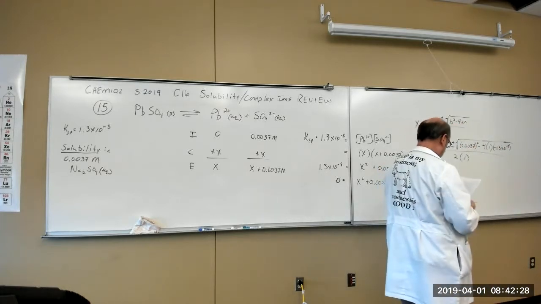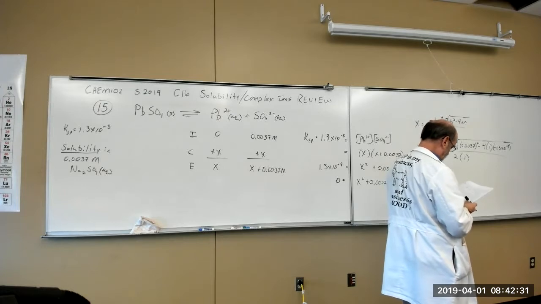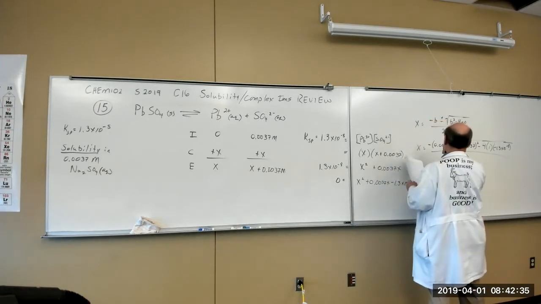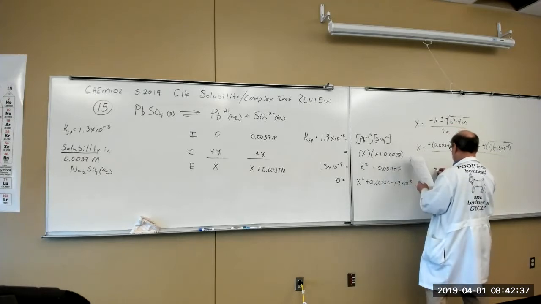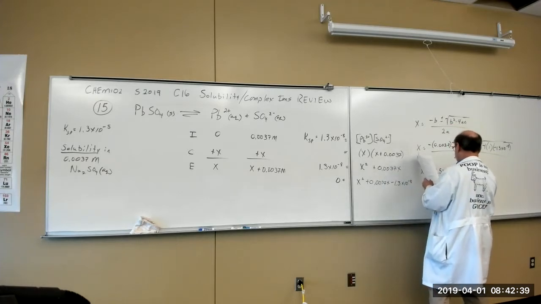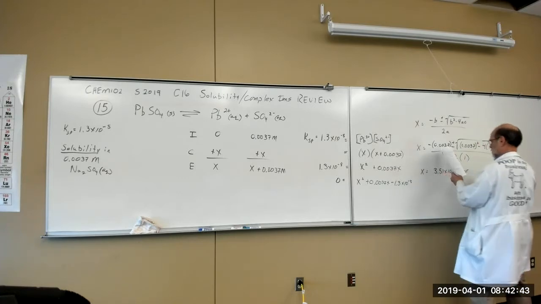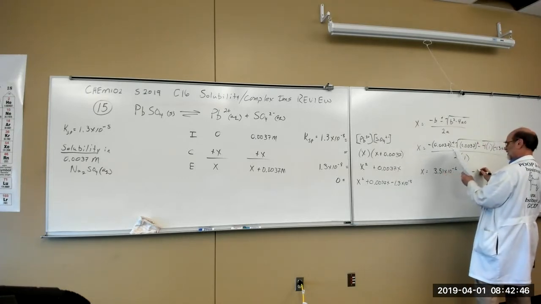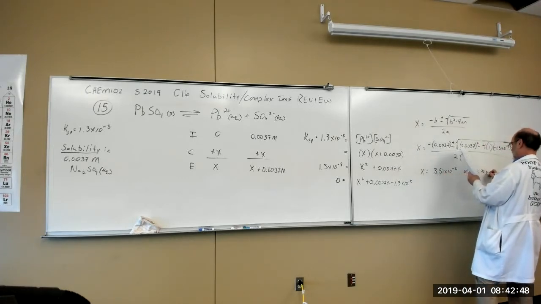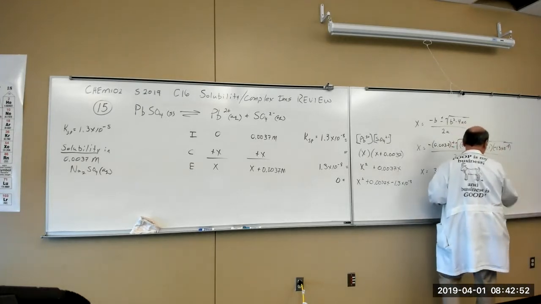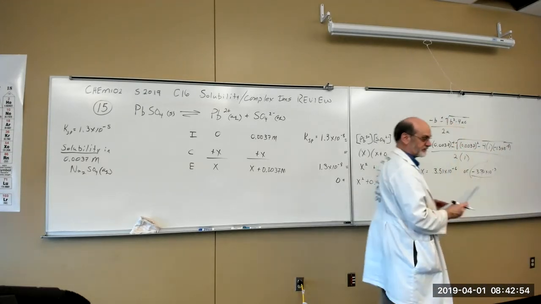So if we resolve that whole thing, x could be either 3.51 times 10 to the minus 6 or minus 3.70 times 10 to the minus 3. And the minus says that's not a valid number.